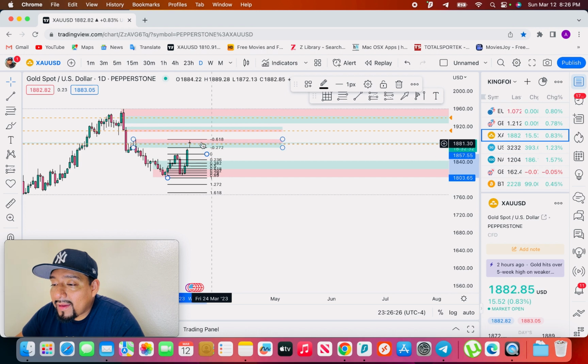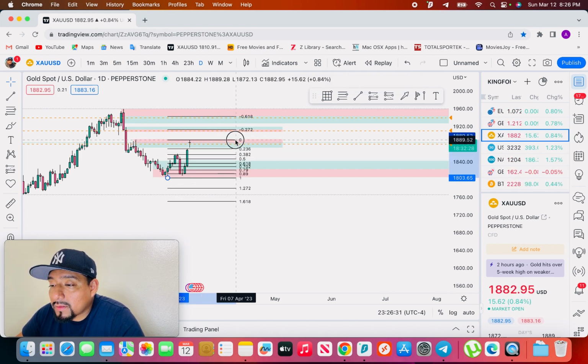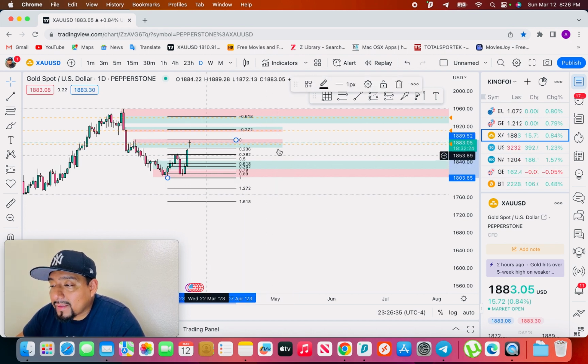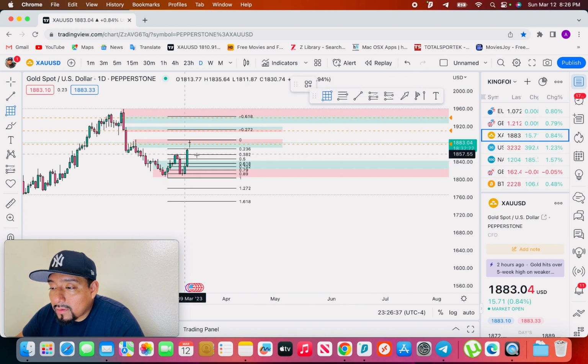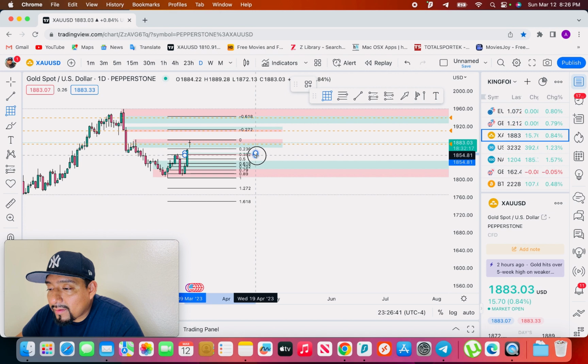So do that. Look, now if we draw it to the most recent one, which is right here, here's a cool buy right here. Very important point of interest to me, right?